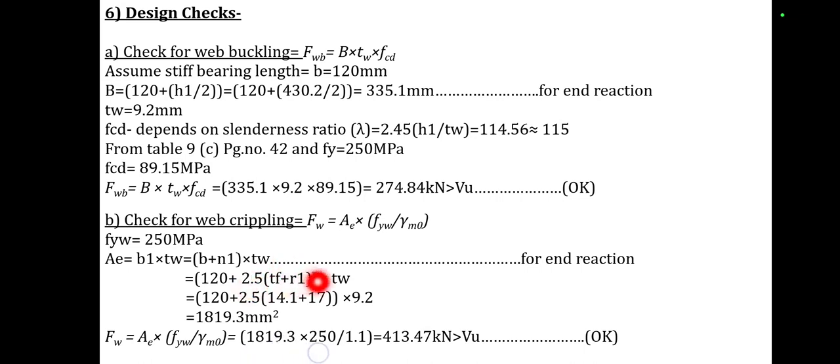Substituting these values, our value of FW is 413.47 kilonewton, which is greater than Vu. Hence our beam is safe in web crippling.